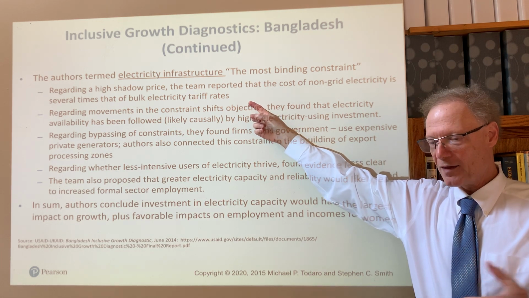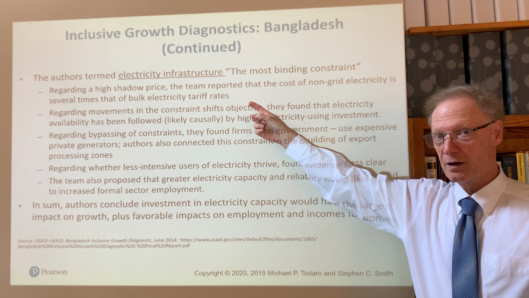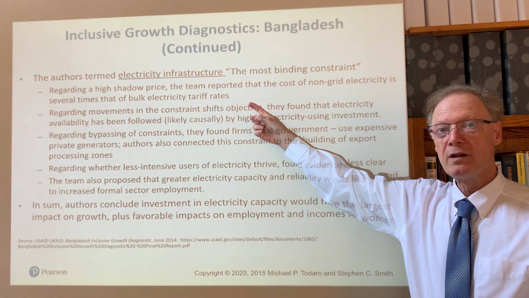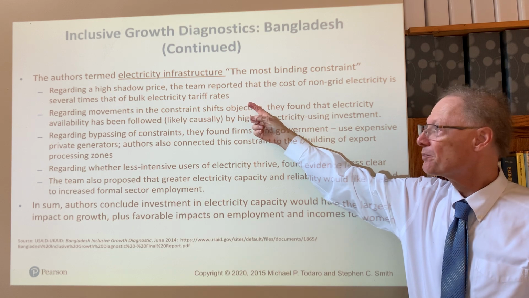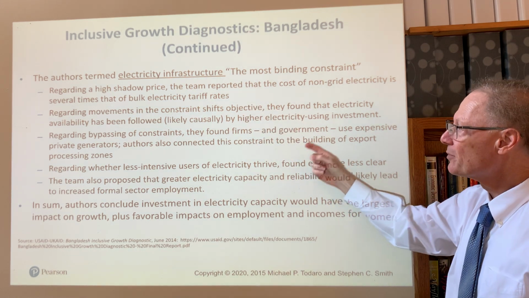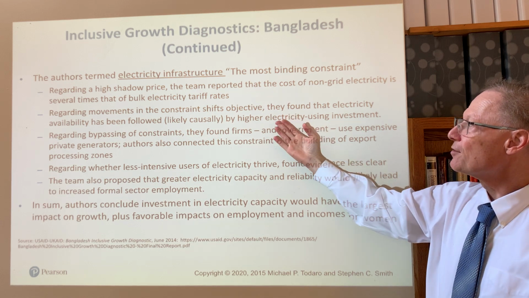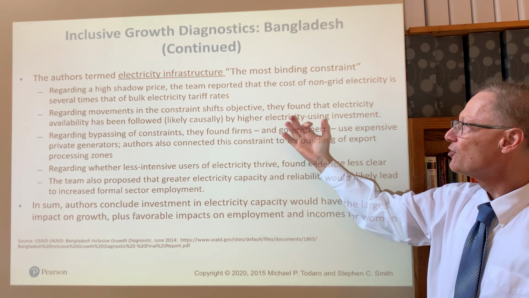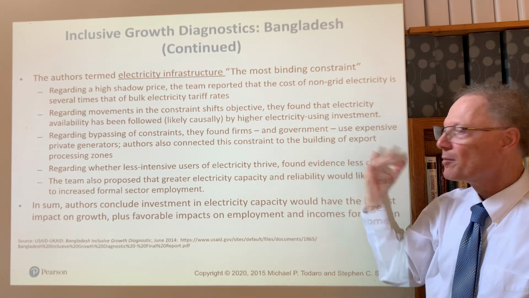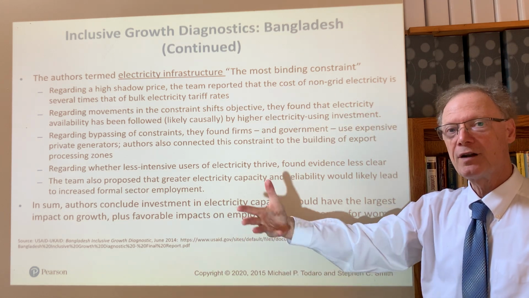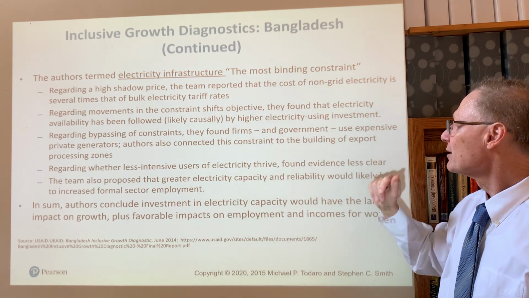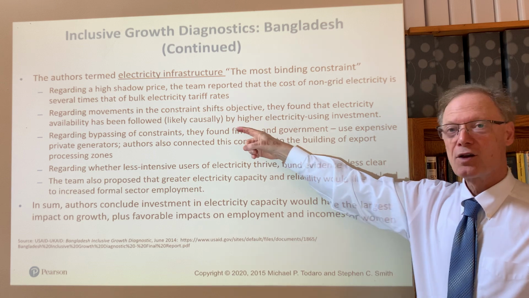That is to say, if you look at the official cost of electricity, it doesn't sound so high, but in terms of what people actually are willing to pay when they cannot get it, you get a very different picture, several times higher. As far as movements in the constraint, shifting the objective, they find that the availability of electricity in a certain area has been followed by higher electricity-using investment.